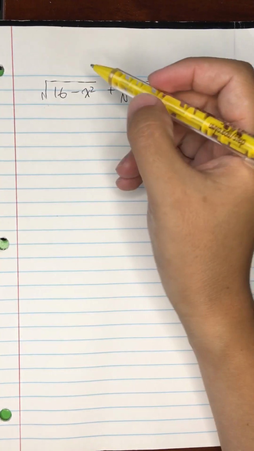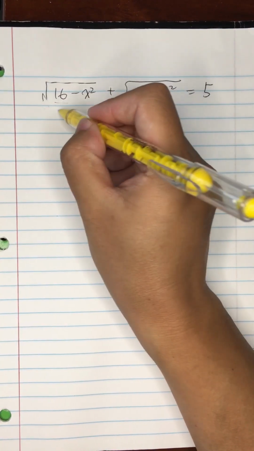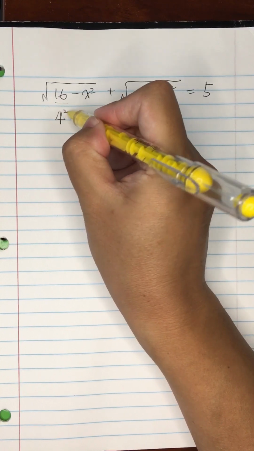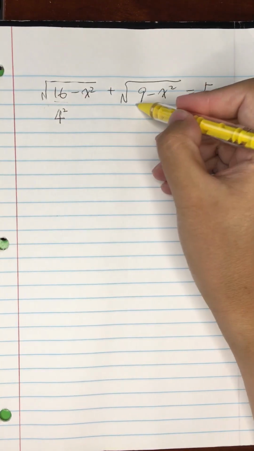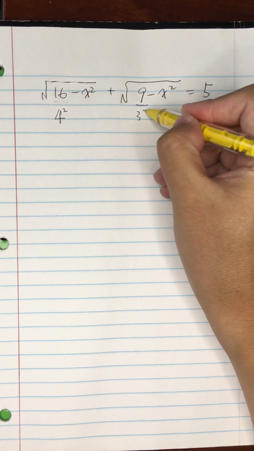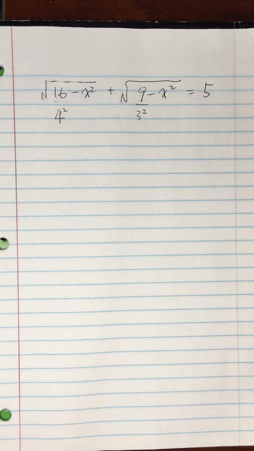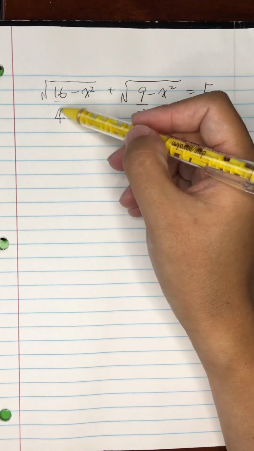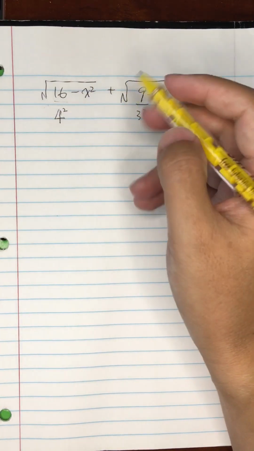So 16 is 4 squared, right? Square root of 16 is 4. And 9 is 3 squared, right?